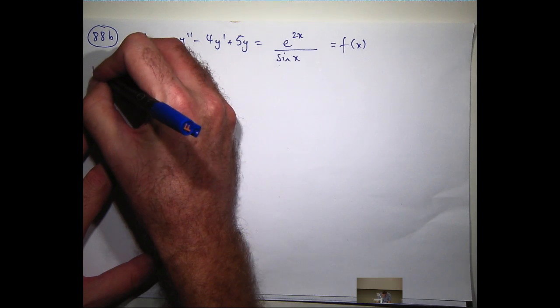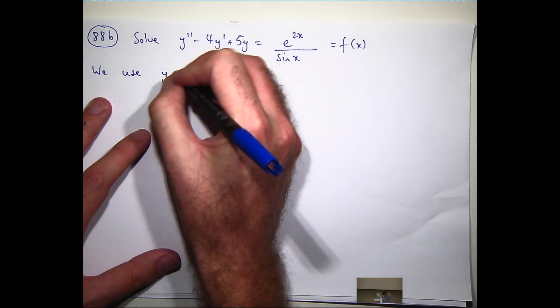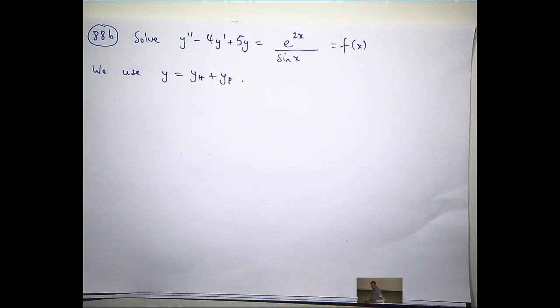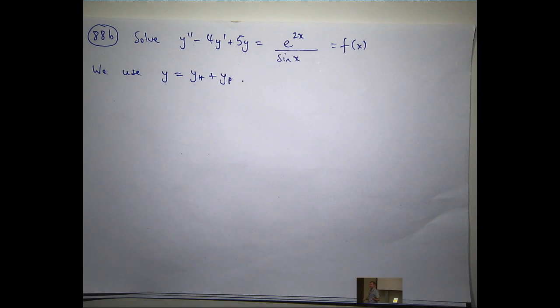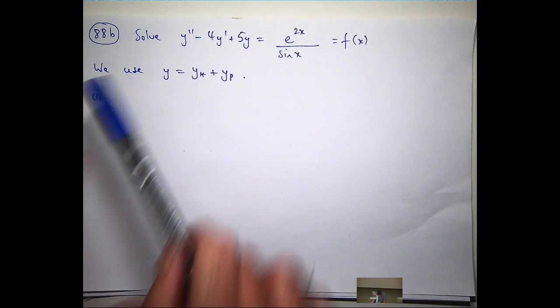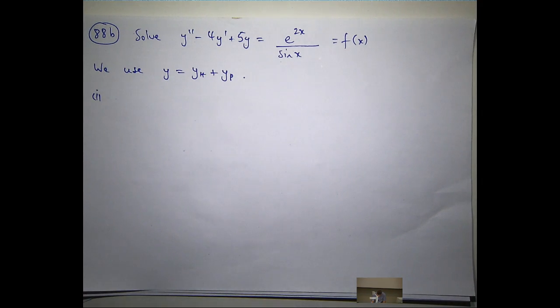So the y sub h is a solution to the homogeneous part. Y sub p is a particular solution that we construct. So getting y sub h is no different from what we did before. Okay, it's just look at the characteristic equation, analyse the roots. Are they real and equal, real and unequal, or are they complex?